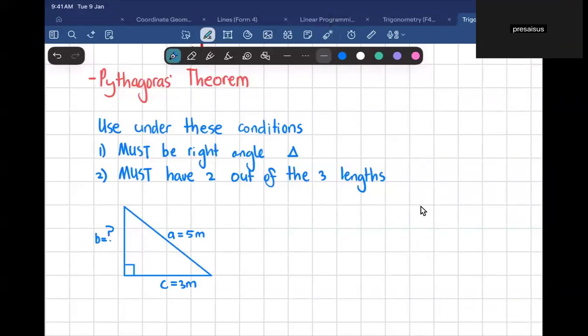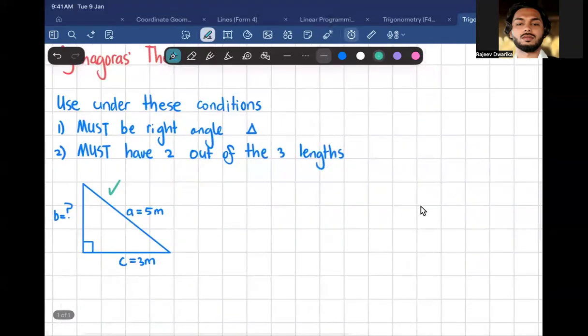Yes, sir. Yes, because it follows the conditions. We have two lengths and it is a right angle triangle. So yes, I would be able to do Pythagoras theorem on that.